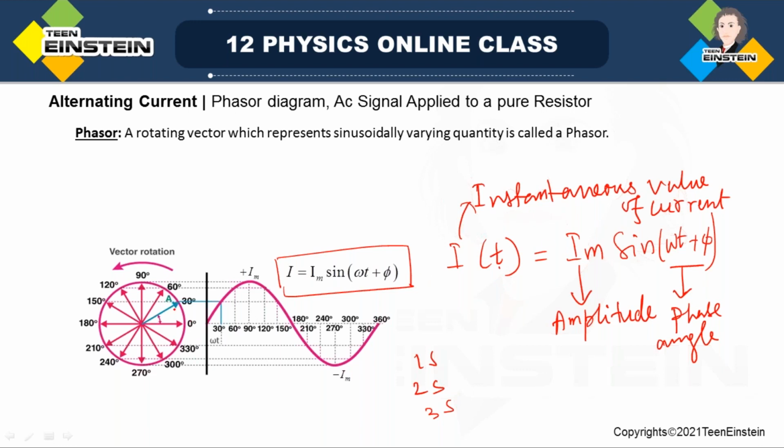But how can this rotating vector or a phasor represent or produce this whole sinusoidal signal? Look here carefully.